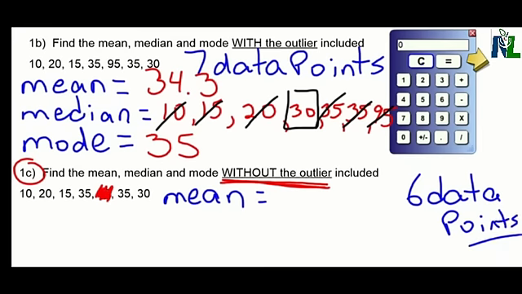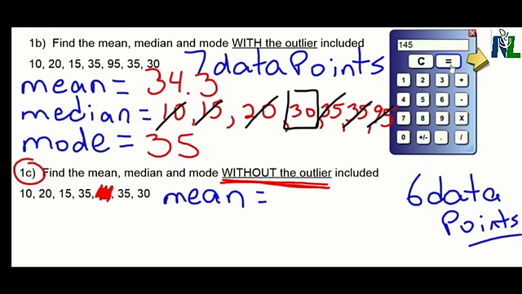Let's add our data points together. 10, add 20, add 15, 35, 35, and 30.